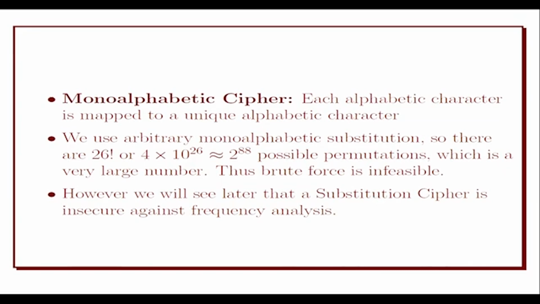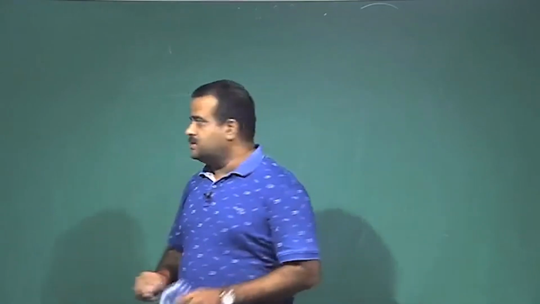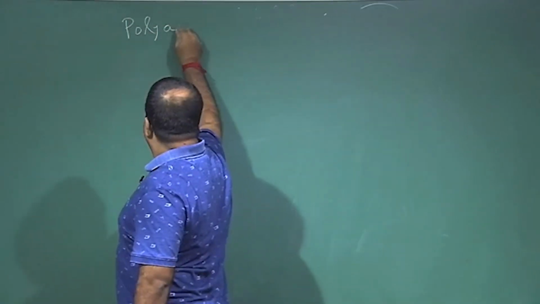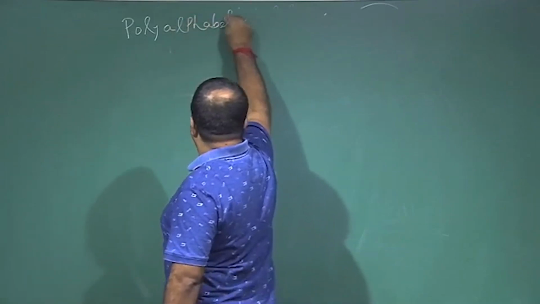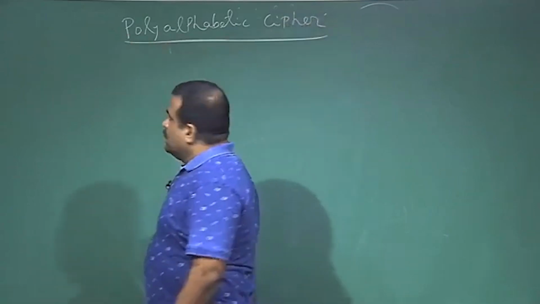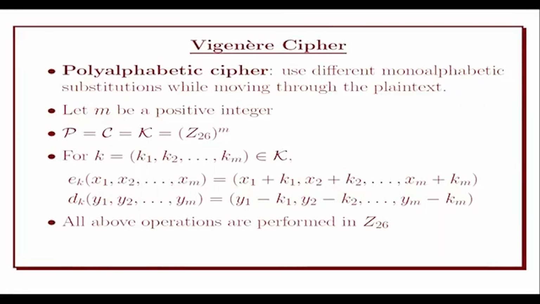On the other hand, to prevent this, we will talk about what is called a polyalphabetic cipher. In a polyalphabetic cipher, the idea is to use different monoalphabetic substitutions while moving through the plain text.